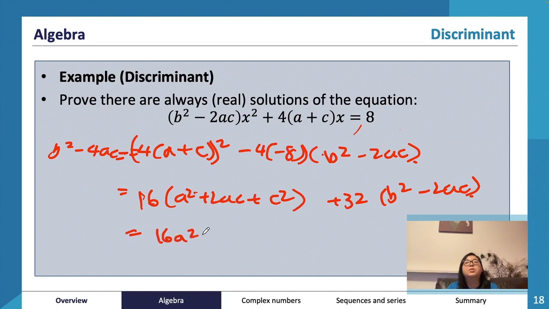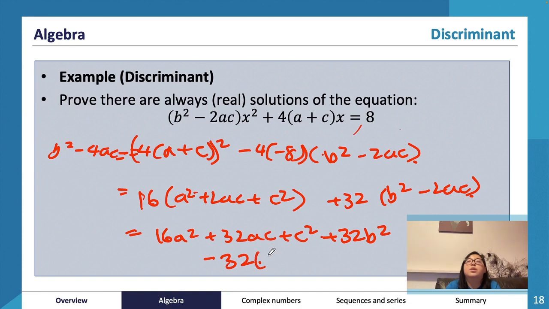So we'll get 16a squared plus 32ac plus c squared plus 32b squared, and then minus 2ac, so minus 32 times 2ac, which is going to be 64, minus our 64ac, right?